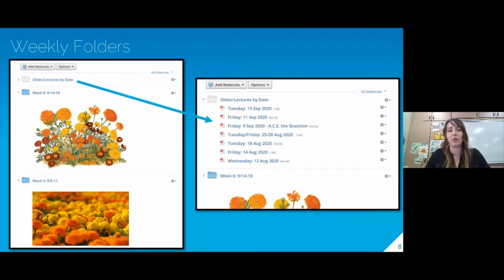This is where they can go, and in my slides, they have the objective for the day, and then anything that we talked about or new material, it's in there with all the newest stuff at the top. You can also see here on the left-hand picture, I have my folders by week. And I usually like to put a picture there just so they have an idea or a topic of what we're studying that week. We've been reading a story called Marigolds, so there's a lot of flower pictures on my courses right now. Next slide, please.